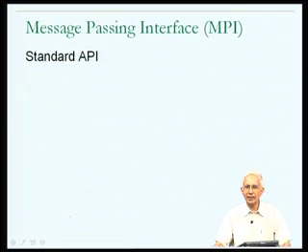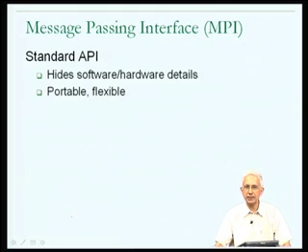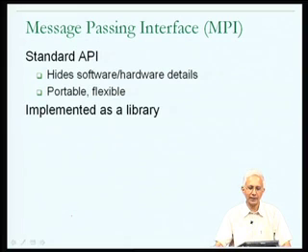As I mentioned, MPI is an application programmer interface for writing message passing parallel programs, which hides the hardware and software details of the underlying system, thereby making it possible to write portable parallel programs which you could run on one machine and then, without any change, run on another parallel machine, as long as both support the message passing interface, MPI.